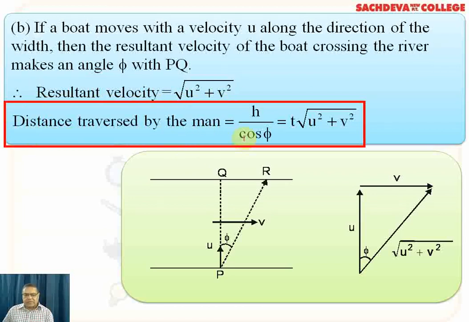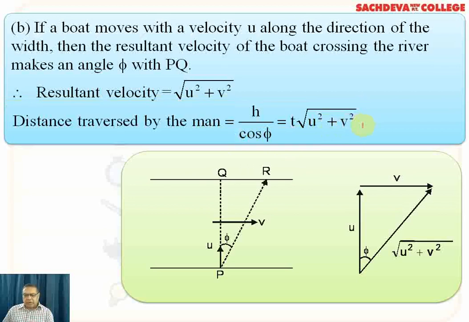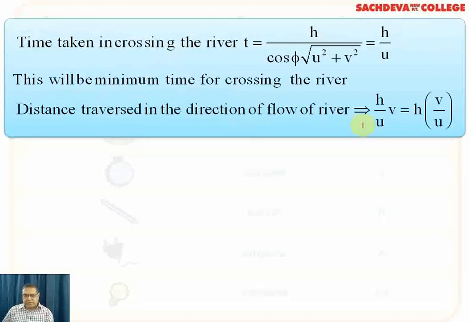Now distance is given by h over cos phi, and this can be given as t under root u square plus v square, because u square plus v square is the distance covered by the boat as indicated in the diagram towards the right side, and the boat is moving at an angle phi with respect to h.